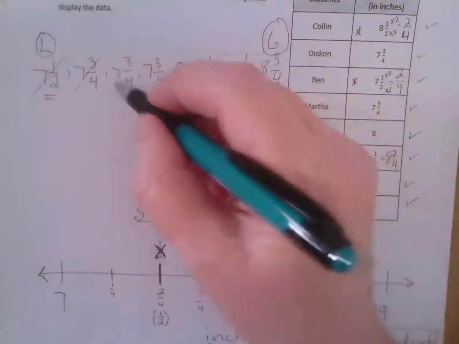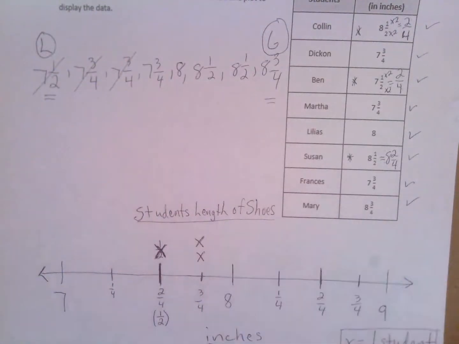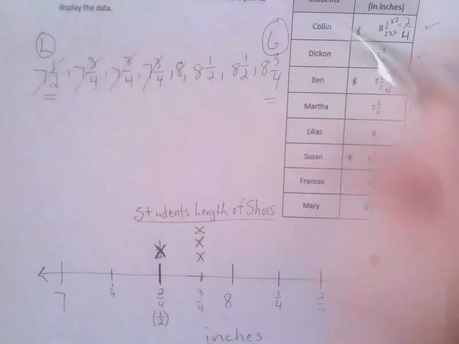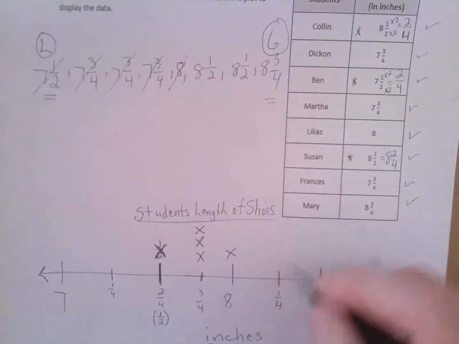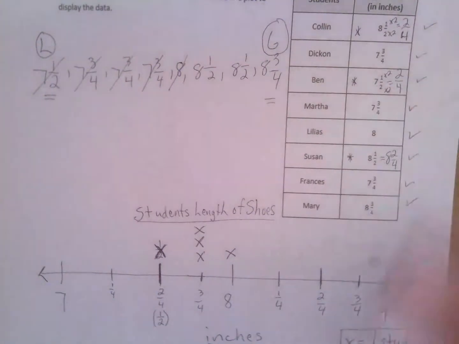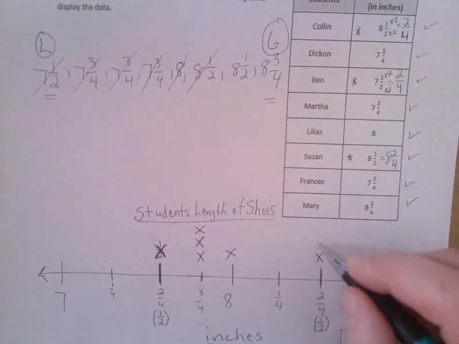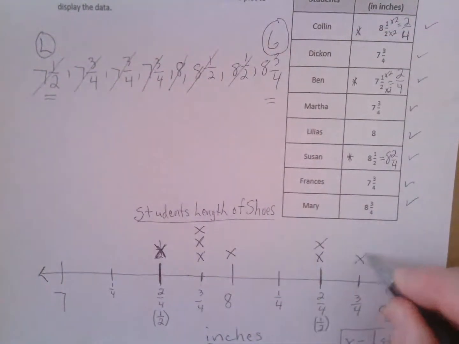Now we go to the next student, who also had 7 3/4, so that's 2. The next one is also 7 3/4, that's 3. We had one student that had 8, one student that was 8.5, and remember 2/4 was the same thing as a half, so we're going to put 8.5 right there. We had another student who had 8.5, and the last student was 8.75.